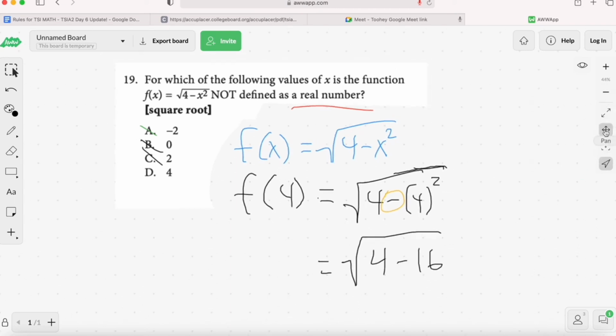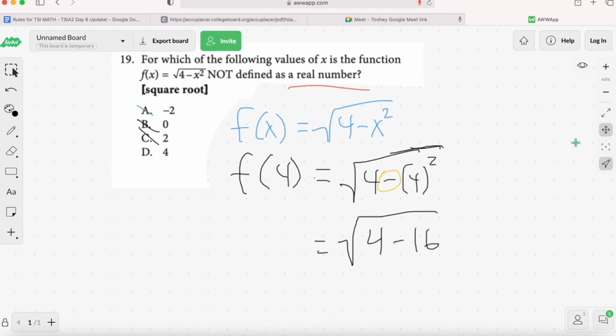So what's 4 minus 16? Negative 12. So that's the square root of negative 12. Uh-oh. What's the square root of negative 12, Francisco? It's like a bunch of decimals. I mean, I don't know. Did you plug in your calculator? You might get an error.